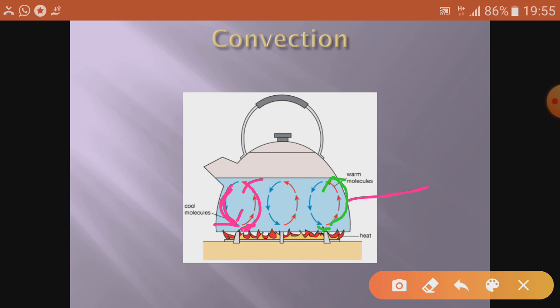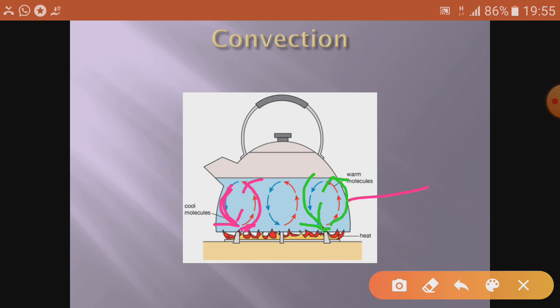On heating, it becomes lighter and it rises up, and then the cold water which is heavy comes down, and in this way the whole water in the kettle gets heated up. It gets heated because of the convection. It means the heat is transferred in liquid by means of convection. Not only in liquid but in the case of gases also.